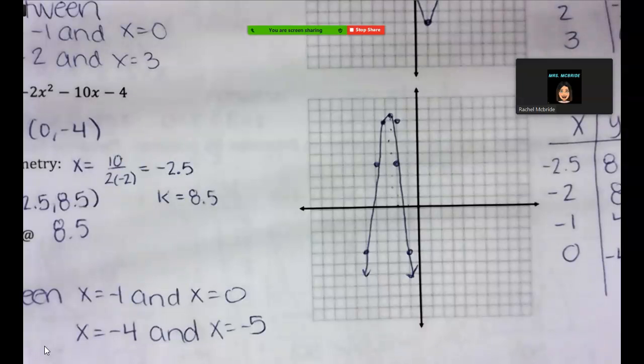You have your vertex at -2.5, 8.5. That is a max because my graph is open down like a frown. Your roots are between -1 and 0, as well as -4 and -5.